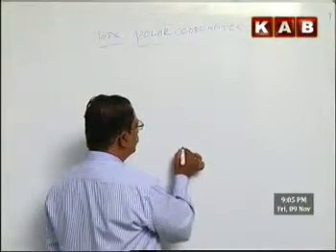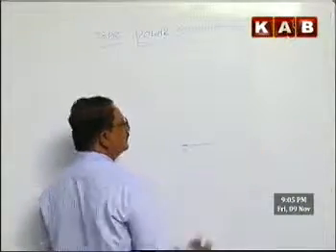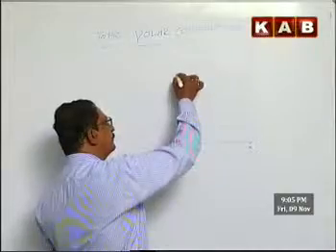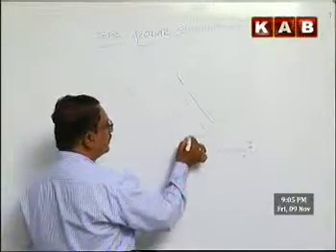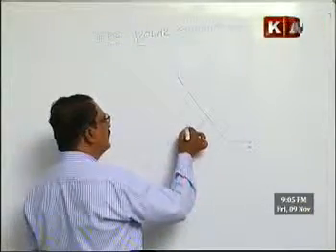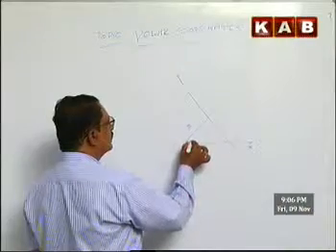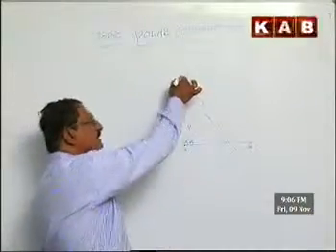Suppose O is the pole, OX is the polar axis, and a straight line, the length of the perpendicular from the pole to the straight line is p, and the perpendicular is inclined at an angle alpha with the polar axis. Required: the polar equation of the straight line.